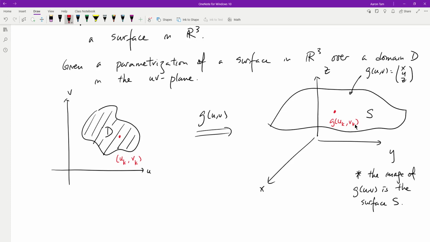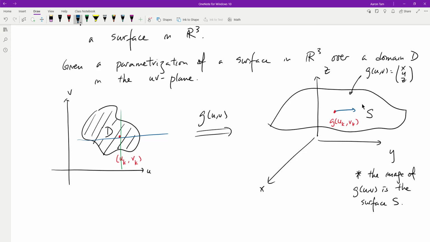Now, remember, I could define these two curves, which would define two coordinate curves at this point. But I'm not interested in the coordinate curves, just the tangent vectors. So it would form two different tangent vectors.